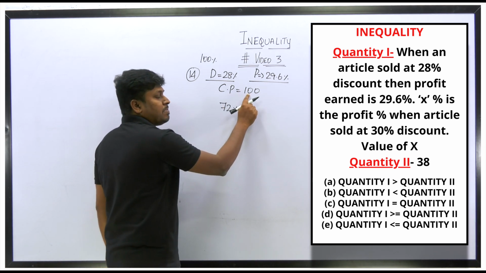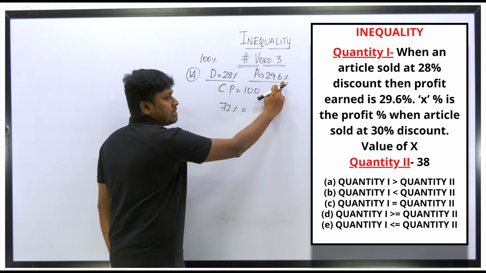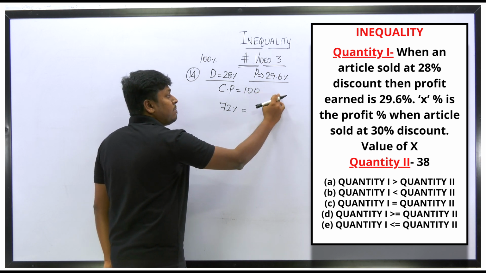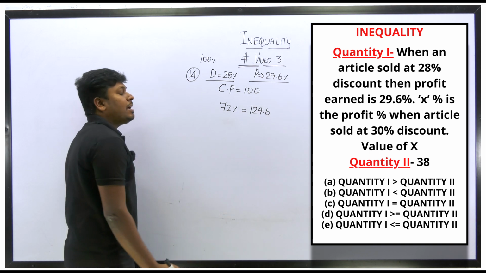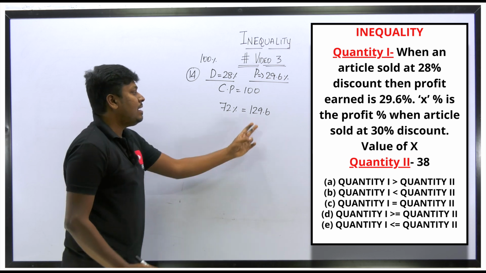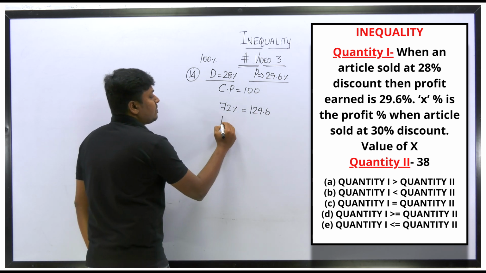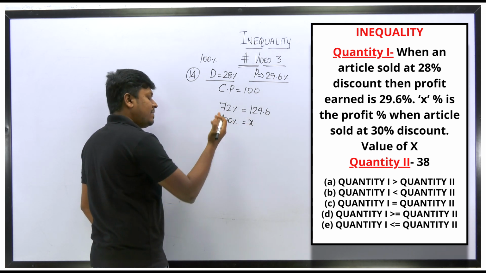From the cost price, how much profit did he earn after selling the product? 29.6. So 100 rupees cost price plus 29.6 will be 129.6. So 129.6 will be the selling price. Only then can we say that he earned 29.6% profit. Now our target is to find the marked price, because we don't know the marked price here. First let me find that.